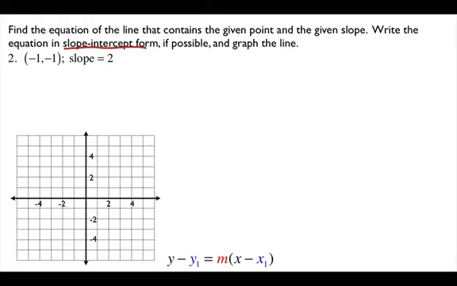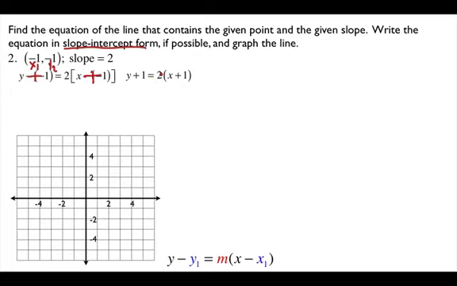So once I'm here, I am going to substitute this x sub 1 and this y sub 1 into my formula here along with the m, and this is what I get. Y minus negative 1 equals 2 times x minus negative 1. At this point, you know that these become plus, and that's why I have this.